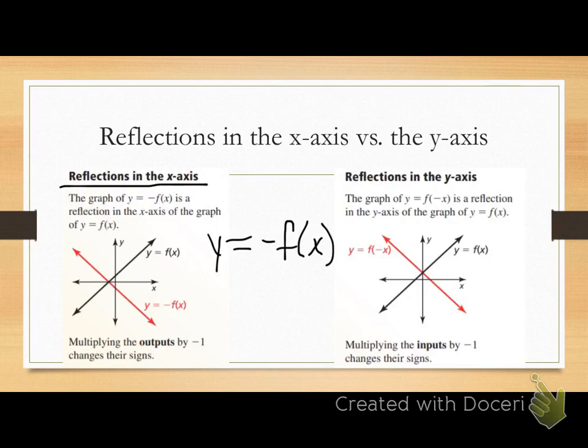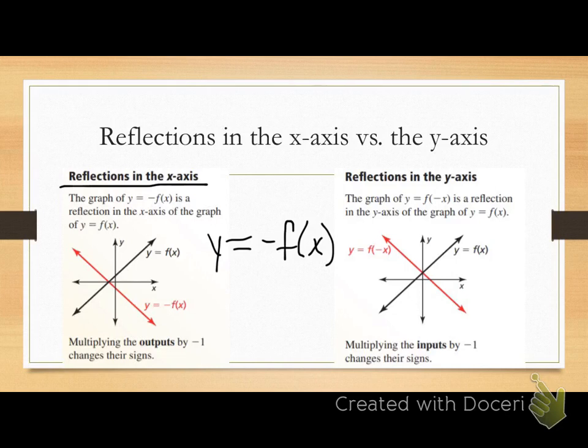Does everyone see that the negative is happening to my whole function? Negative f of x. Multiplying the outputs by -1 changes their signs. So I'm changing the signs of all my outputs.